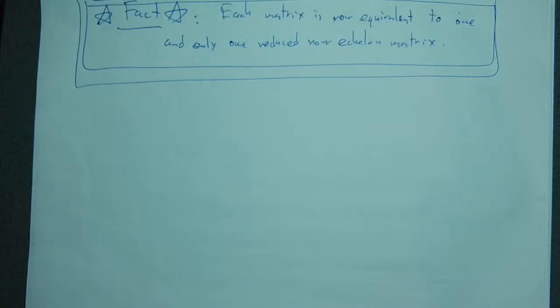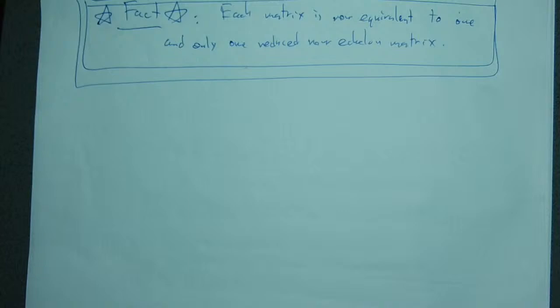Well, if I just specified row echelon form, then there are some different answers that you could have. We're going to see examples of that. The point is that there is no unique row echelon form for a matrix. There are many different sequences of row operations that could get you to a row echelon form matrix that is different from one your classmate may have gotten, although both of you are correct.